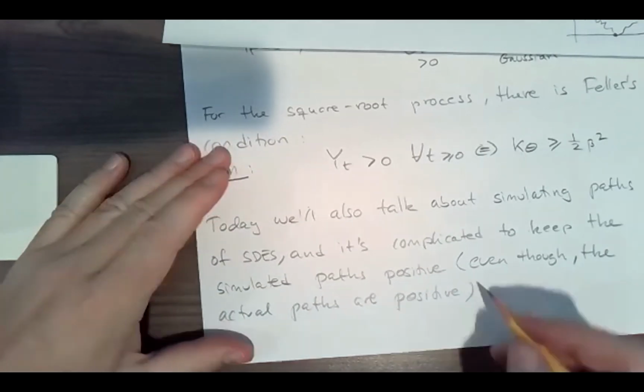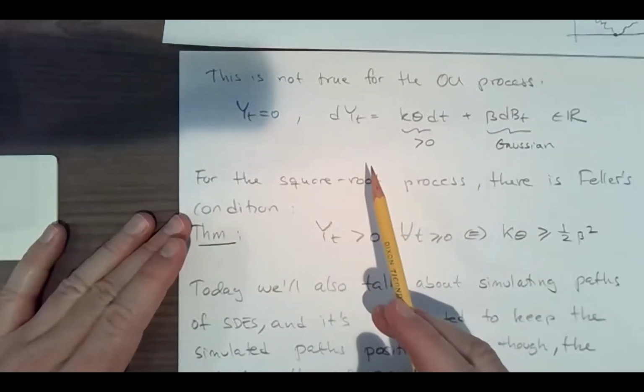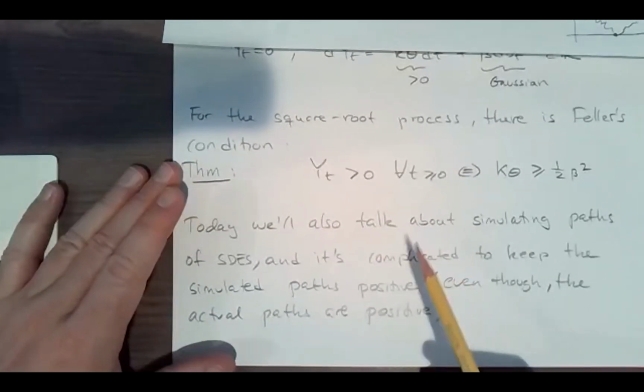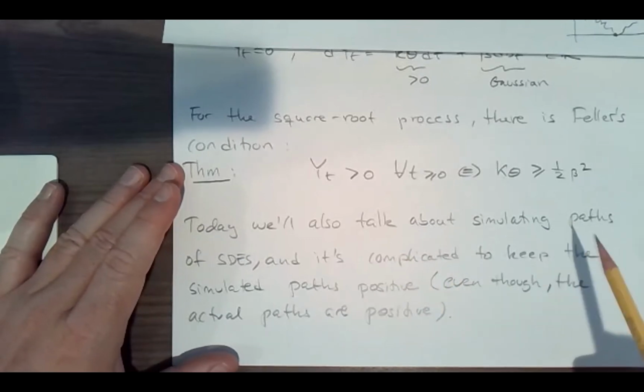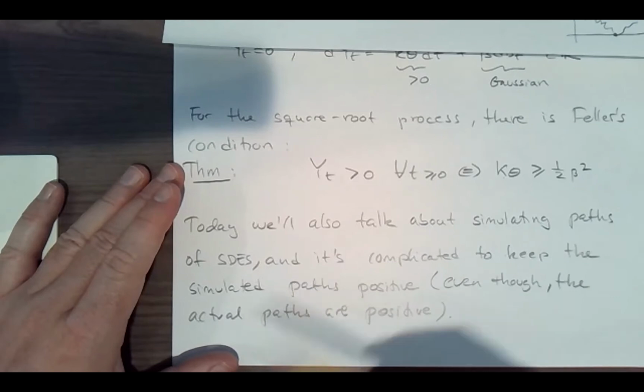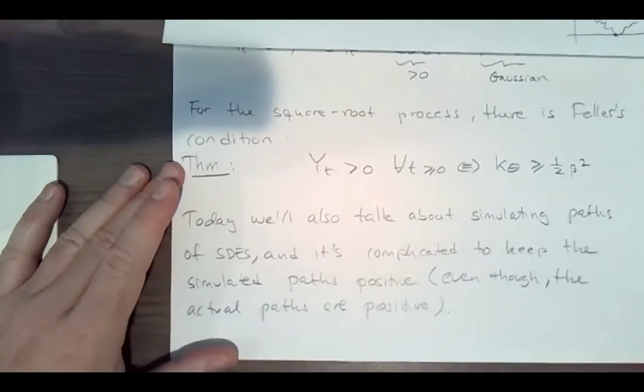So it presents a problem. We have this fellow process, and if I want to simulate it, it can be really tricky to get the simulated paths to be of the same type, namely positive. So we're going to be talking about tricks on how to overcome that.